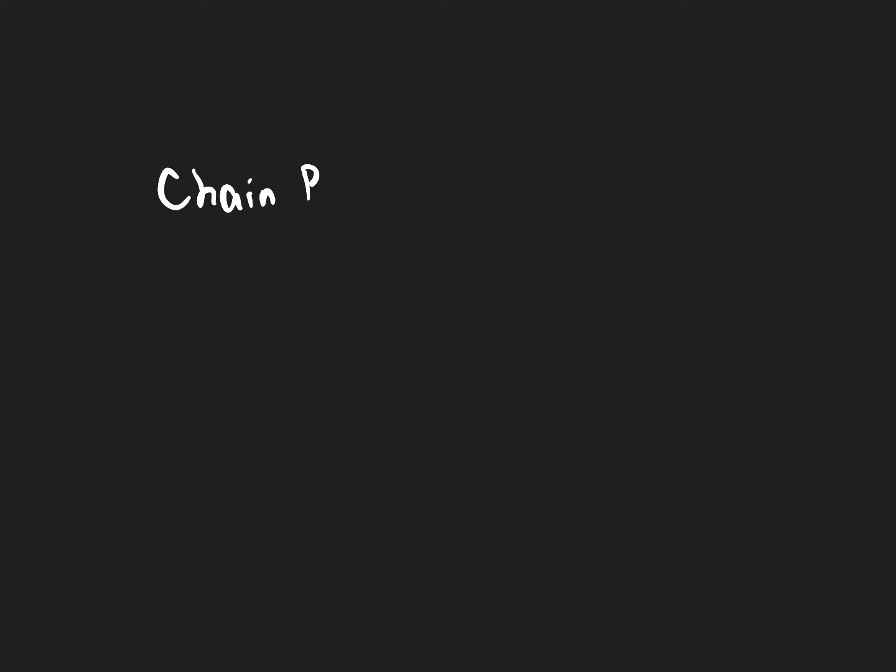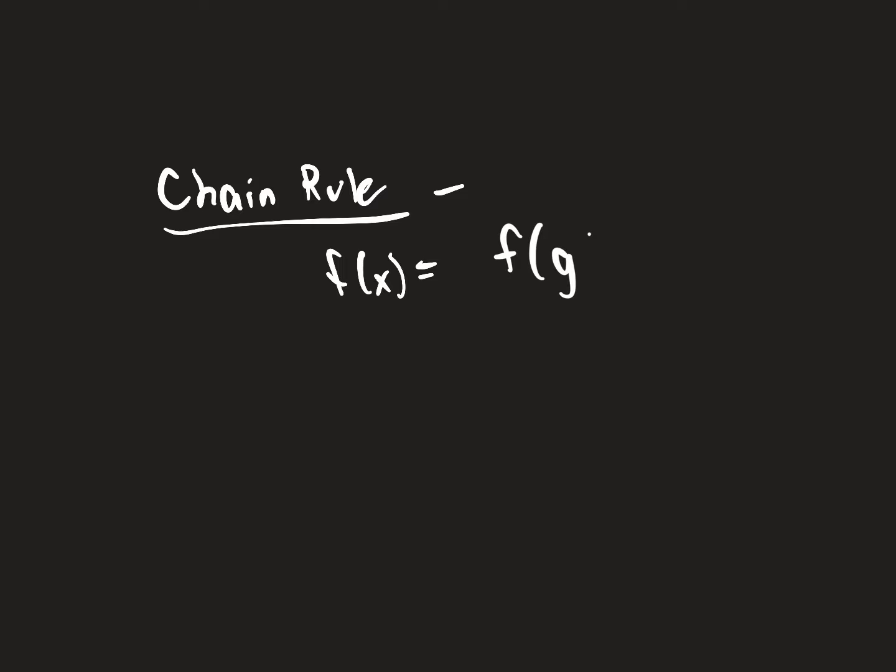I always hated the chain rule because they write it so obscurely. It looks really funky. So I've got a function of x, f of x, and this is f. And then we have another function, g of x, that's inside of that f of x function.